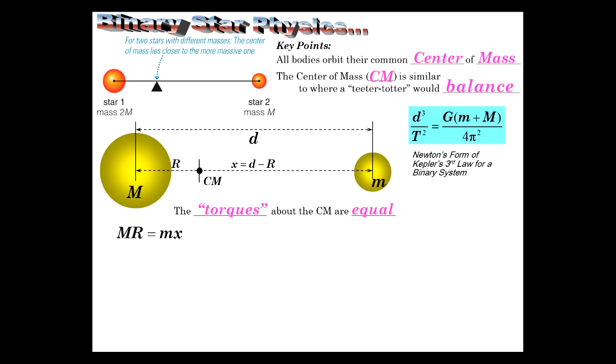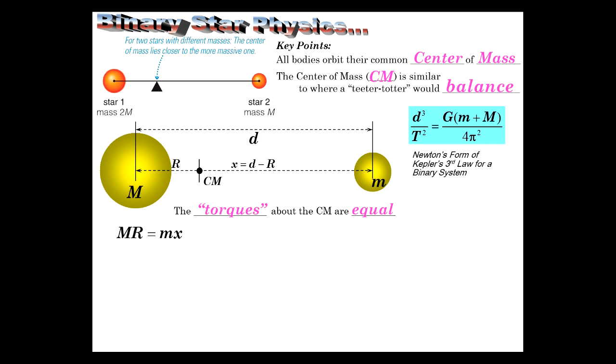And so, if you're balancing this whole system in a gravitational field, you would relate that to this system. You've got an invisible, really rigid bar between here, and it pivots about this center of mass. So this force times this distance is equal to this force times this distance.